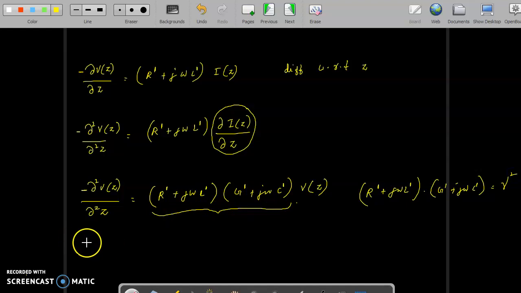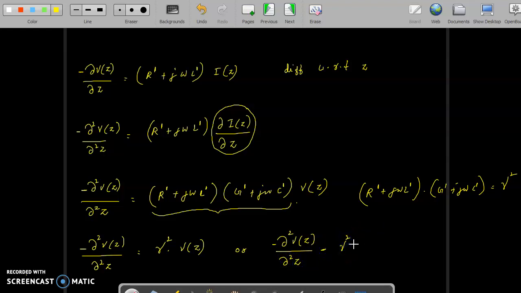So this can be written down as d squared V of z by dz squared minus gamma square times V of z equal to 0. This is the voltage wave equation of the transmission line.